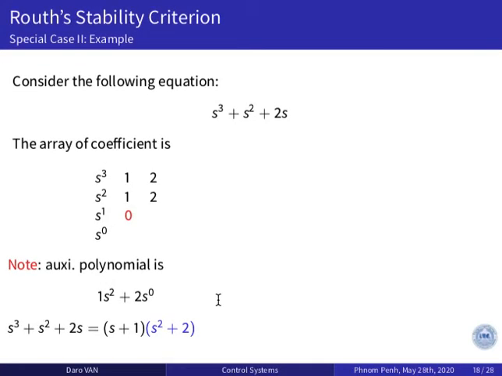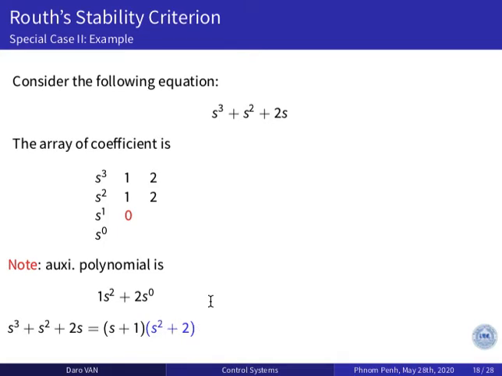Then you need to take the derivative. But first, this is actually a factor of this whole thing. If you do the factorization, you will see that s cubed plus s squared plus 2s is equal to s plus 1 times s squared plus 2.